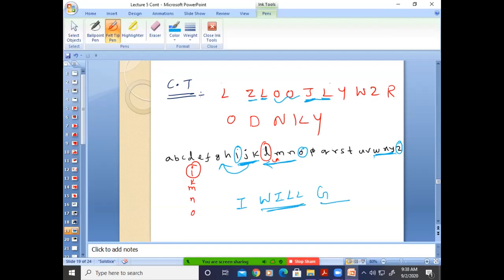After J comes L. Already we have got I for L, so L means I here. So ZLWO is over.